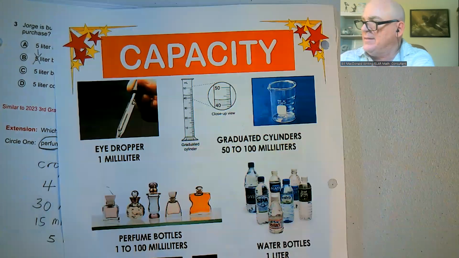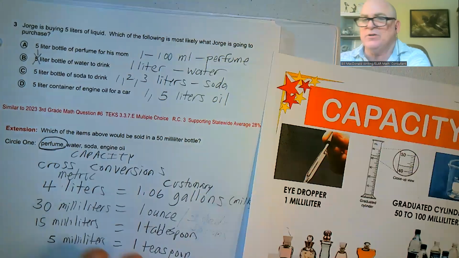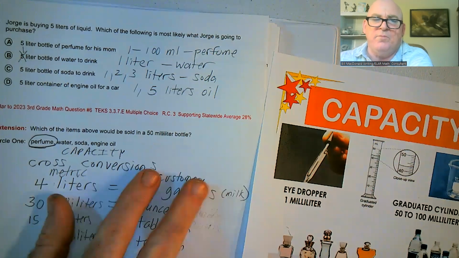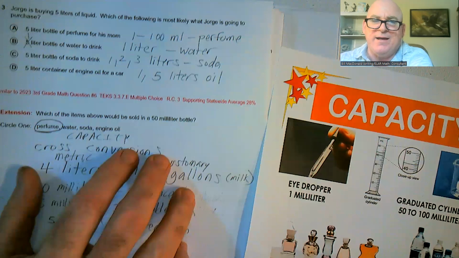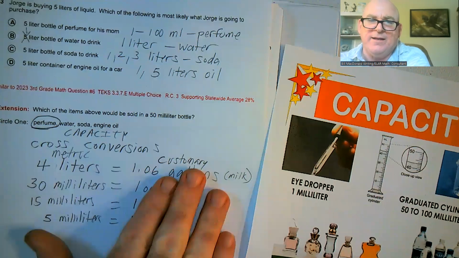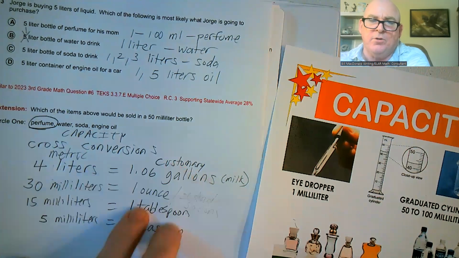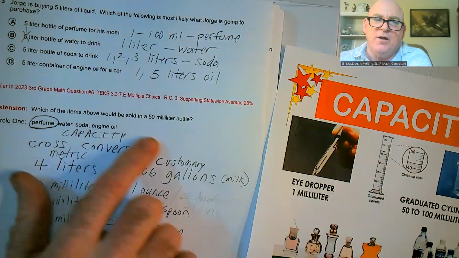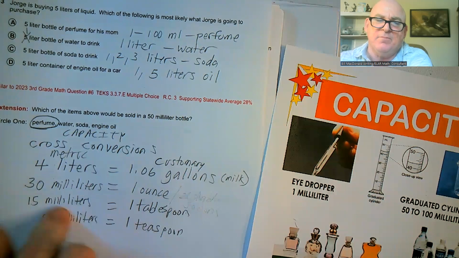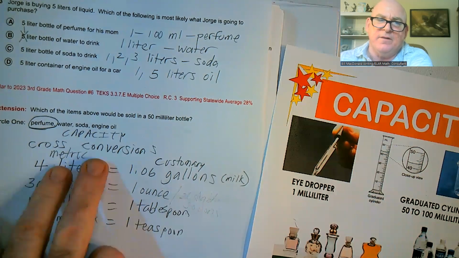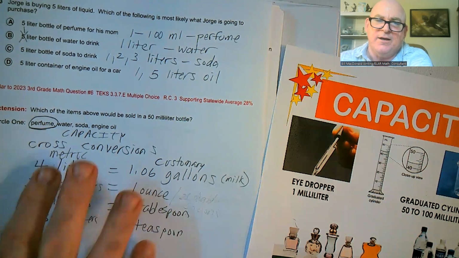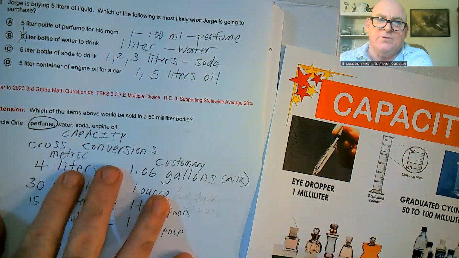And so I think, like I mentioned, if you can get them to translate from one language that's simple, what is one of these compared to a similar amount on the metric side in liters or milliliters, I think that might help your kids remember.